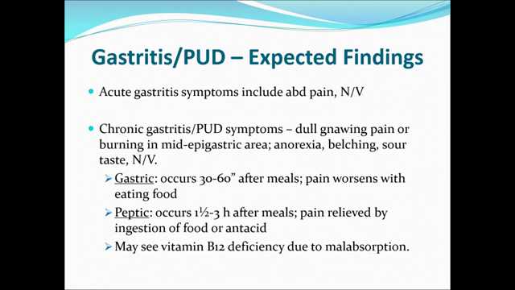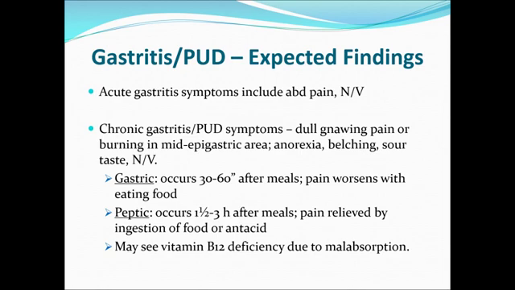Now, something that's very important to note is that depending on the actual anatomical location of the ulcer, the timing of the symptoms is going to vary a bit. So if it's a true gastric ulcer, meaning the ulcer is actually in the stomach, typically you're going to see the symptoms, the pain, 30 to 60 minutes after meals, and the pain gets worse when they eat food.